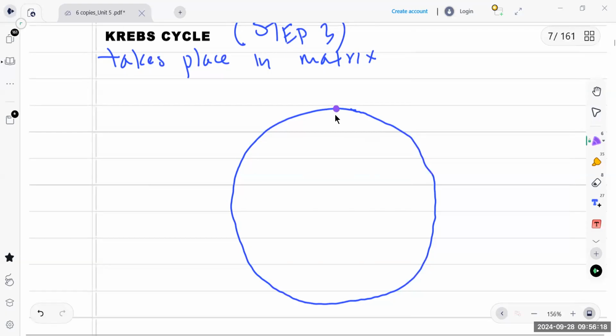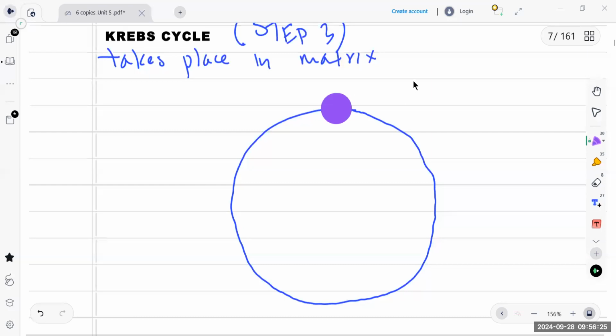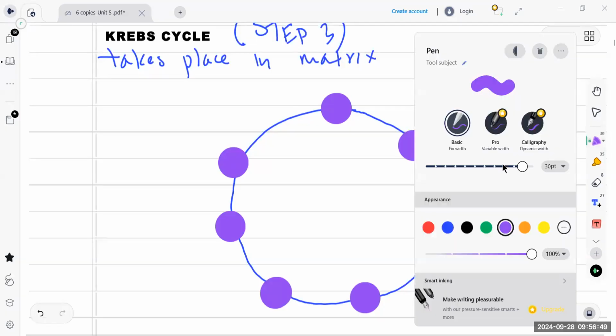For example, this is reaction 1. Oxaloacetate, citrate, isocitrate, succinyl-CoA, succinate, fumarate, malate, like this. So there are many reactions that take place, and I will show you how exactly it's happening.